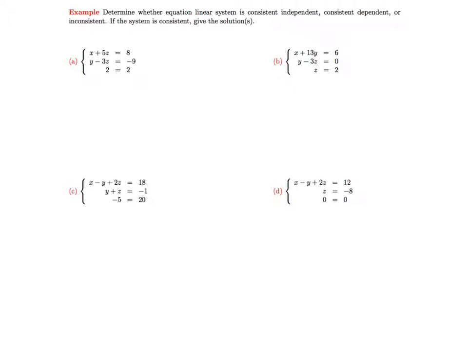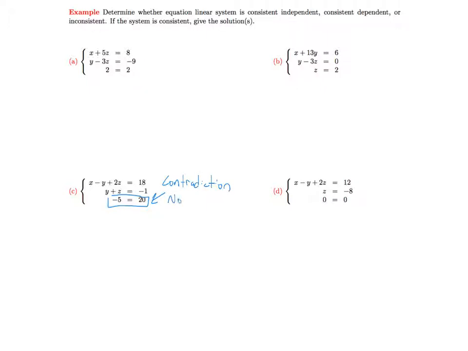So a system is going to be inconsistent if there are no solutions. And the way that we can identify, once a system has been put into triangular form, that it's inconsistent is, for example, in question C, we can see over here we have a contradiction. Certainly minus 5 is not equal to 20.